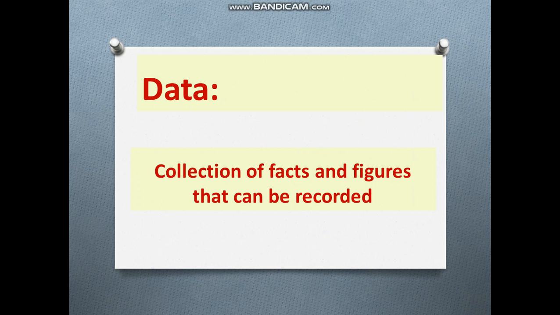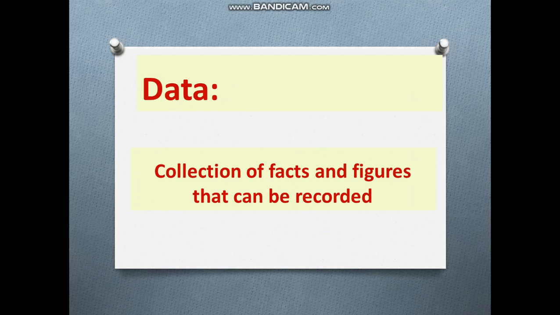And data could be a collection of values like character, number, image, picture, audio, video, anything. All these things are data, and yes, it should be recorded or saved somewhere so that we can refer to it in the future, right?